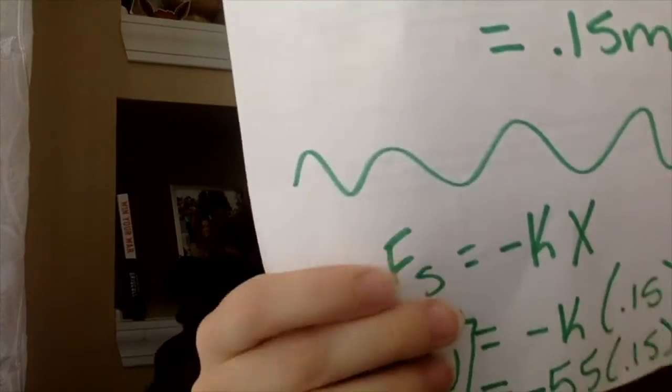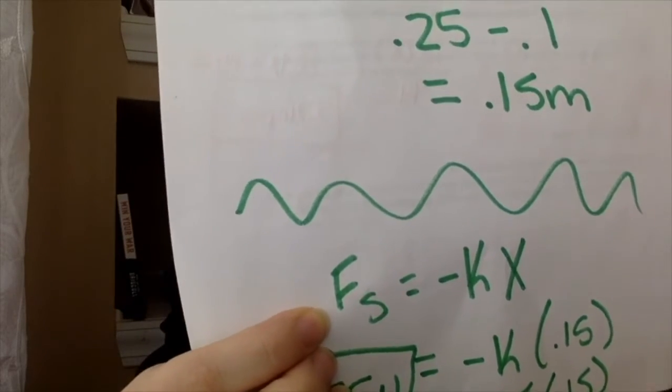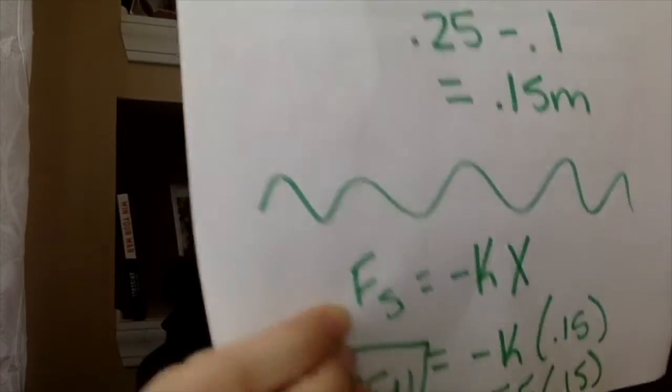Now we need to figure out our spring force. And then we go back into our formula for that. So our formula is negative K times X in order to find our spring force. So what is our X? Well, we just found that. That's going to be 0.15. All right, and what is our K?